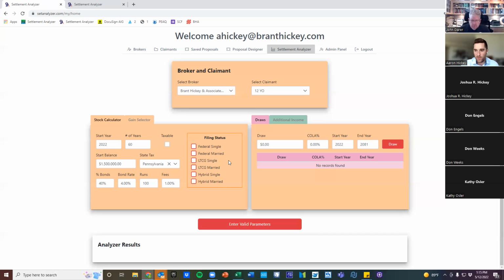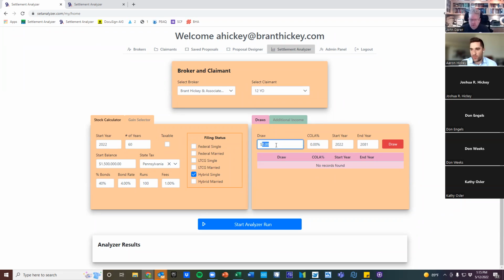When you're looking at investment portfolios, a lot of the taxes you'll pay are part long-term capital gains and part federal income. So right now we have that as a 50-50 ratio. So for this scenario, we're going to say that it will be taxed at a hybrid level, and she's going to be single for right now.